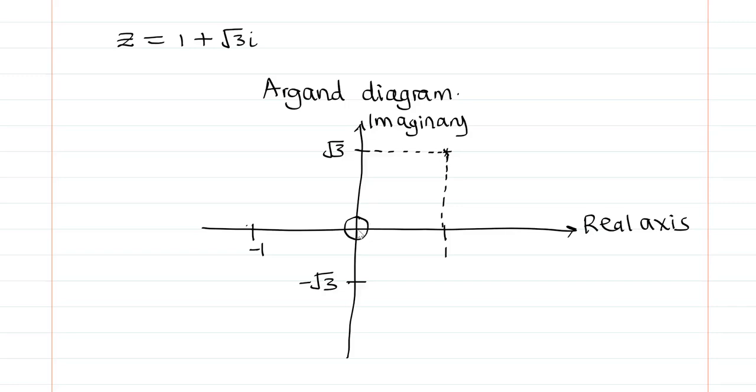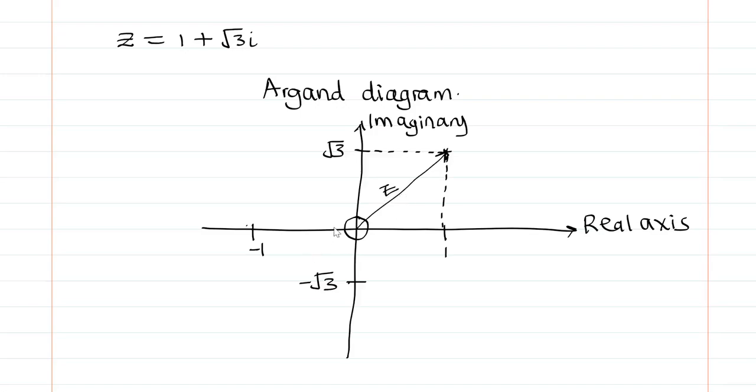Then you use a ruler to draw a straight line from the origin up to where the complex number is, up to where they meet. Now this line is actually the complex number. You can put an arrow on it anywhere, but mostly they put it on top, showing the direction. So that is the complex number Z. You can mark it there.